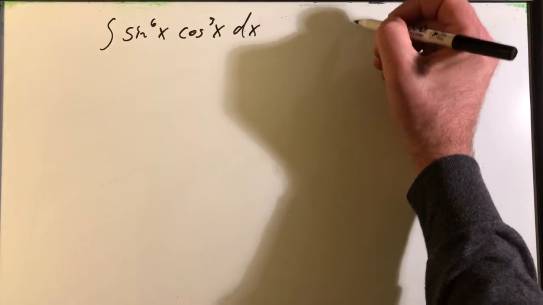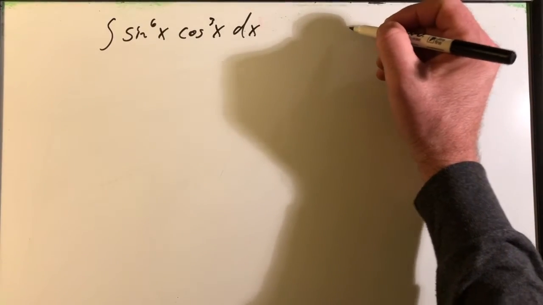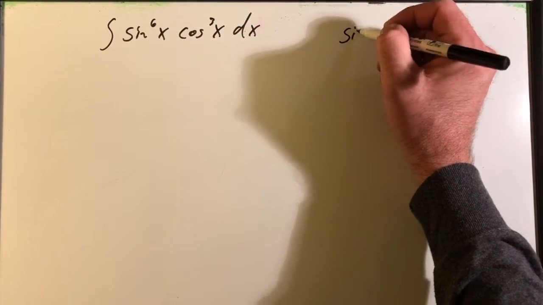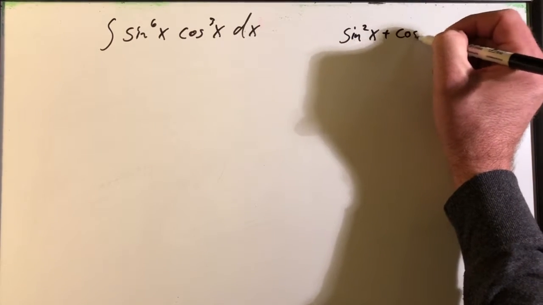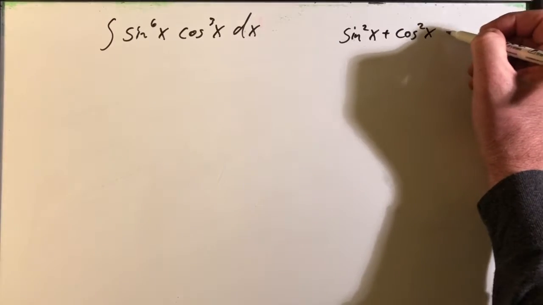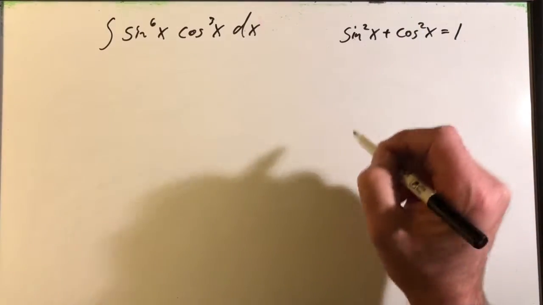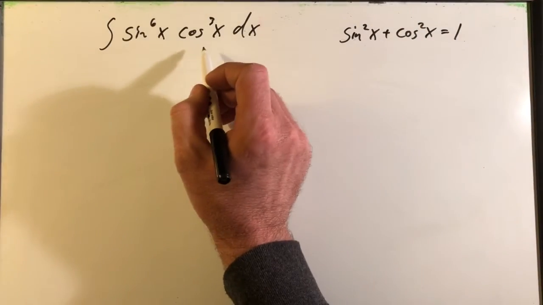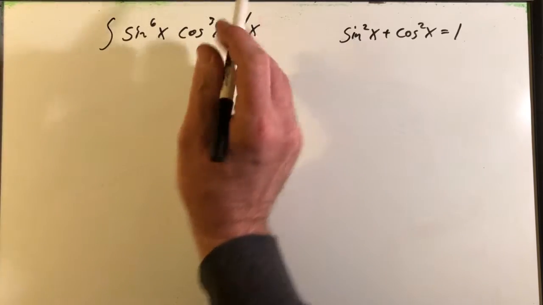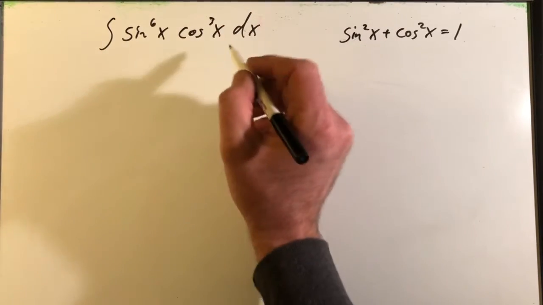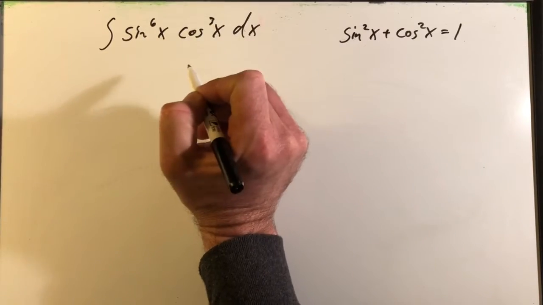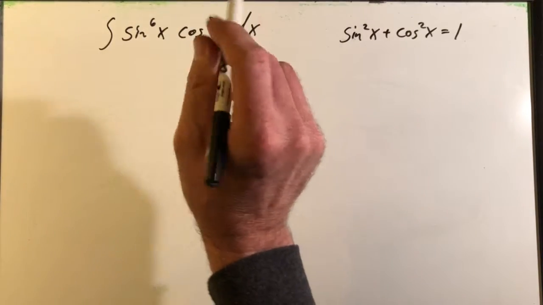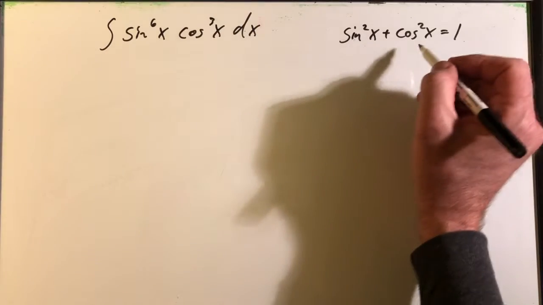So from middle school or high school, wherever it was, you started to learn sine squared x plus cosine squared x equals 1. So looking at this, that means that I want to get into a position where I just have one cosine. Because this is an odd number here, I'm targeting it.